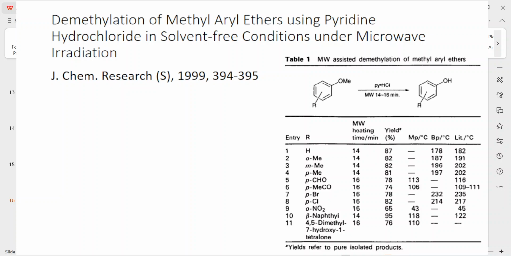This is a good reaction with pyridine hydrochloride, and this reaction goes well in normal heating conditions. Typically temperatures are high, around 150 degrees centigrade, and may require even around 170 degrees to increase the rate of the reaction, but the yields are good and this reaction is worth trying.